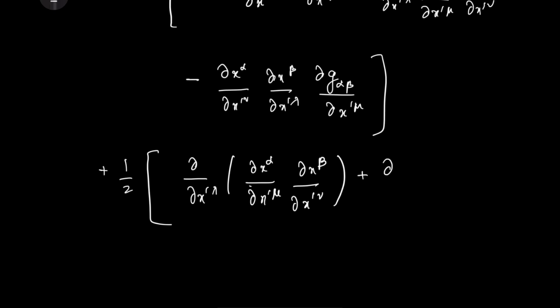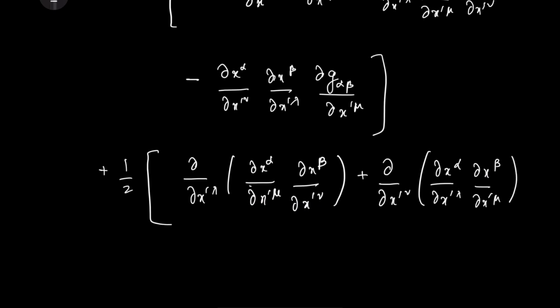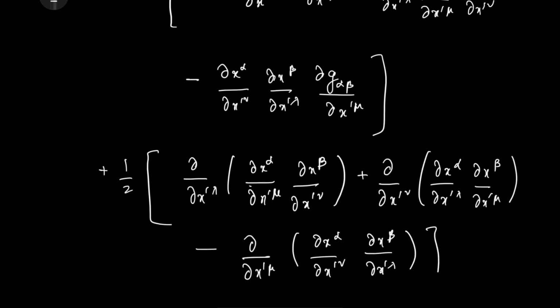Similarly, in the second term, partial derivative with respect to x prime nu of this quantity, minus partial derivative with respect to x prime nu of this quantity, and g alpha beta as it is.